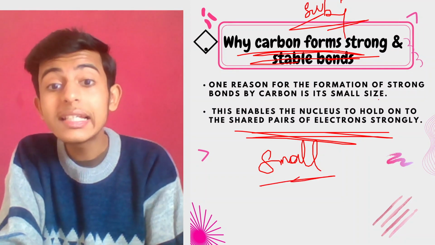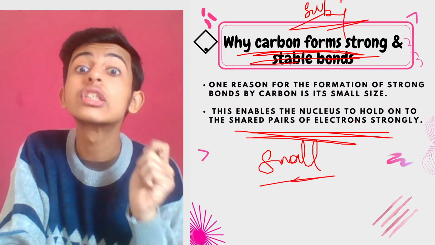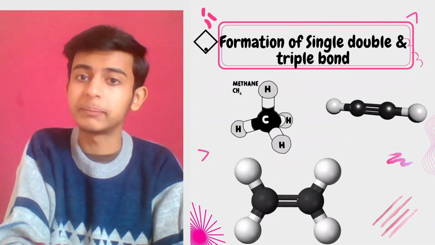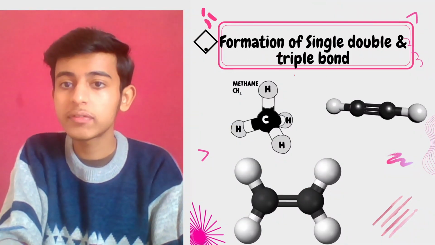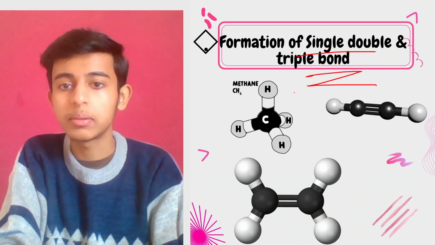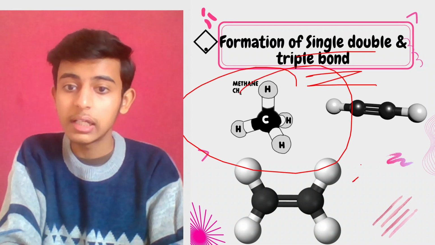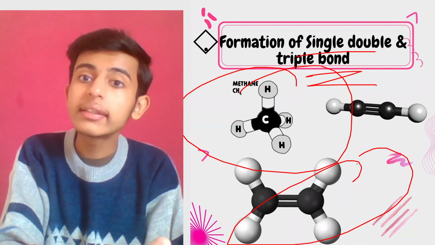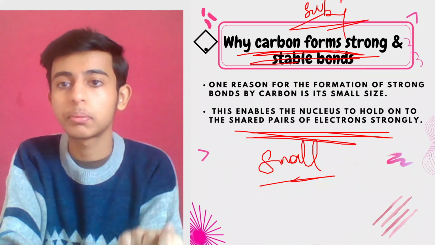Why? Because the nucleus can hold the shared pairs strongly, without any breakage, without any problem. Now, formation of single bond and triple bond, as you're able to see, methane single bond, then triple bond of nitrogen with itself, right? So all these account for the properties of carbon.